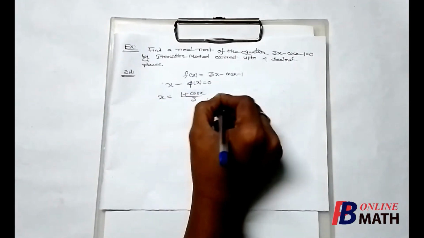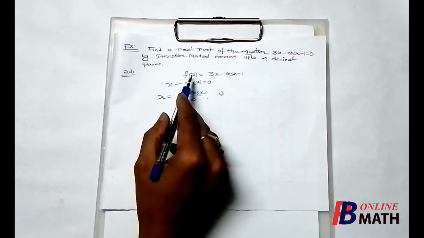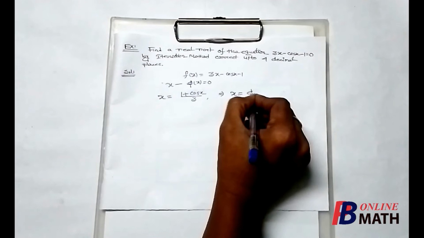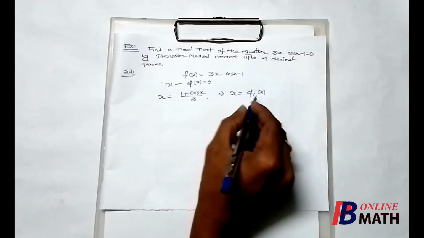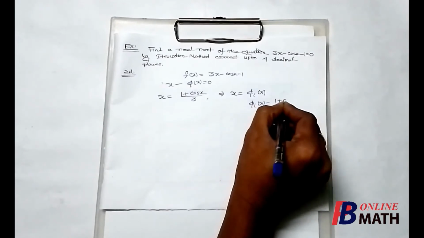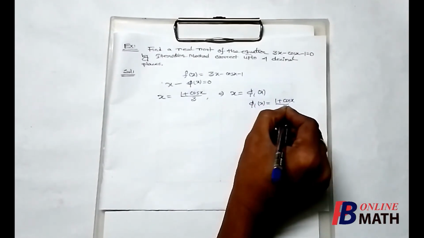So this is the first way to express this equation in this form. So this becomes x equal to phi 1 x, where phi 1 x equal to (1 plus cosine x) by 3.